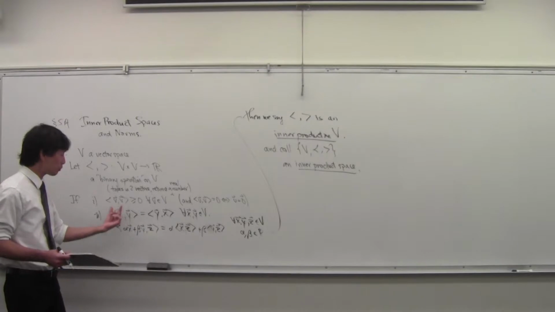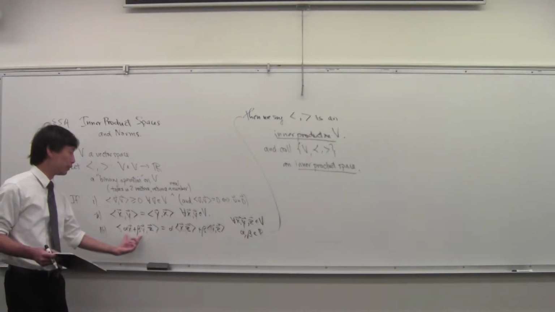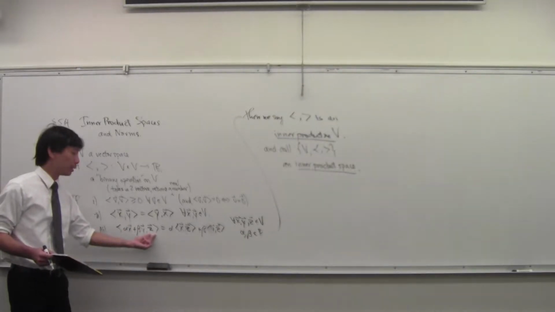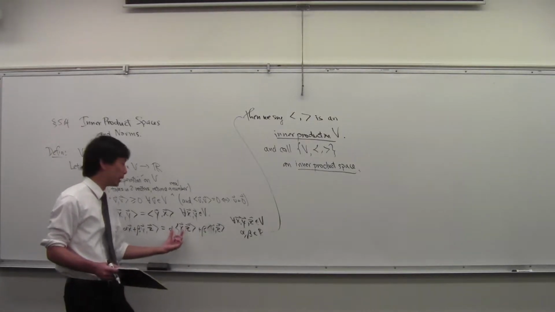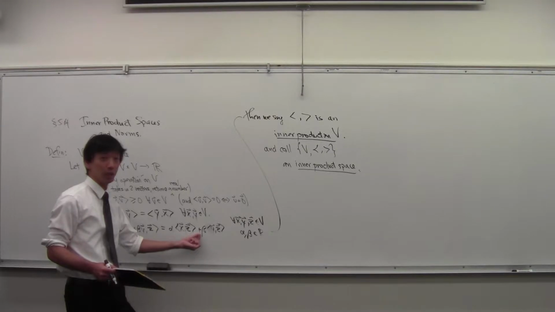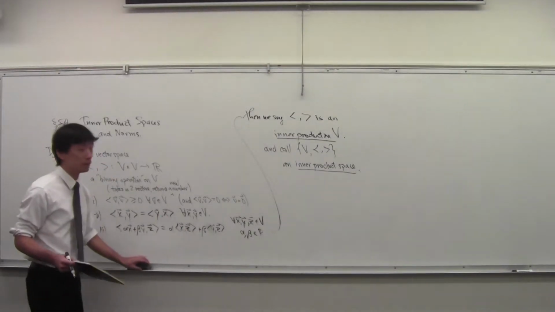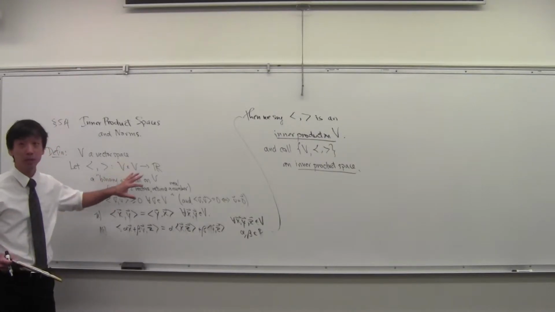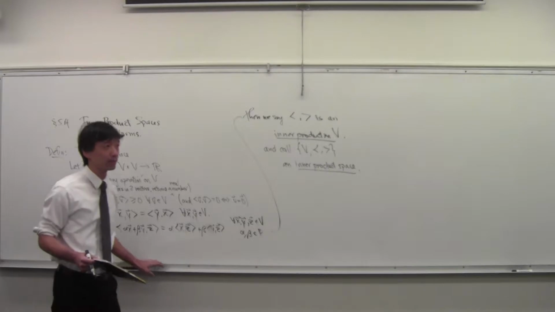Okay. Dot product doesn't matter what order you do it in, right? If you take a linear combination and dot product against a vector, you can split up the addition, and you can pull out the scalars, right? So this idea of an inner product is just a generalization of the dot product.